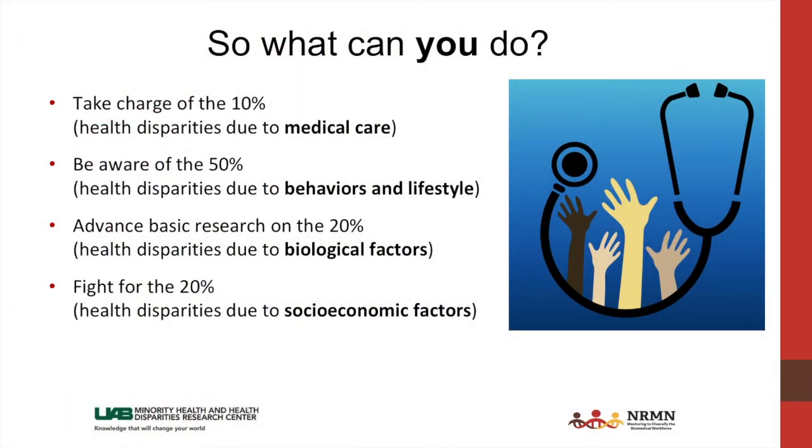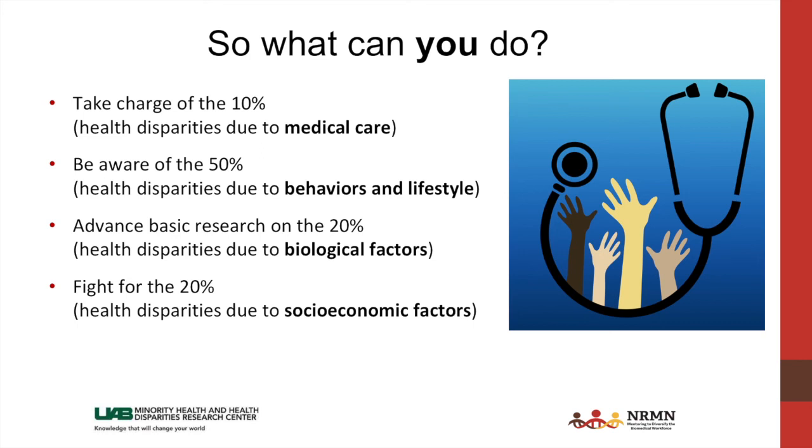Yes, it's a complex web, but if we know all the causes and factors, we can address one at a time. So we can take charge of the 10% of health disparities due to medical care by looking at our medical health system. We can be aware of the 50% of health disparities due to behaviors and lifestyle and make the environment suitable for people to make healthier choices.